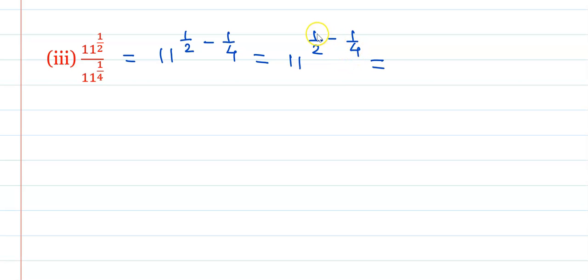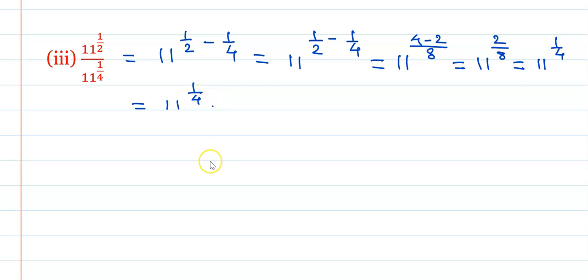Cross multiplication. 4 into 1, here you will get 4 minus 2, and the multiplication of these 2 and 4 is 8. Here 11 raised to 2 upon 8, 11 raised to 1 by 4. And therefore, here you will get 11 raised to 1 by 4.